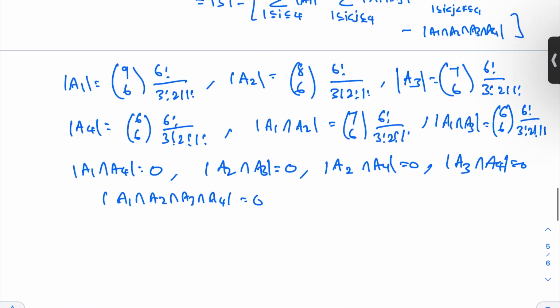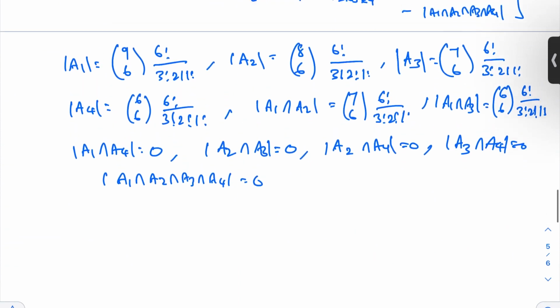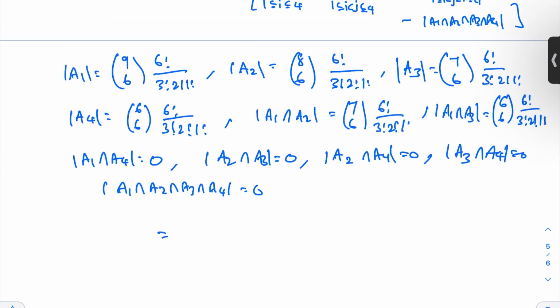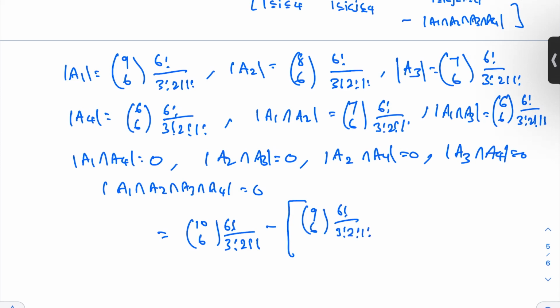Okay, so now let's plug in all these values in the above expression. Number of elements in S is what? 10 choose 6 times 6 factorial by 3 factorial, 2 factorial, 1 factorial, minus summation. Here we have the number of elements in A1, that is 9 choose 6 times 6 factorial by 3 factorial, 2 factorial, 1 factorial.